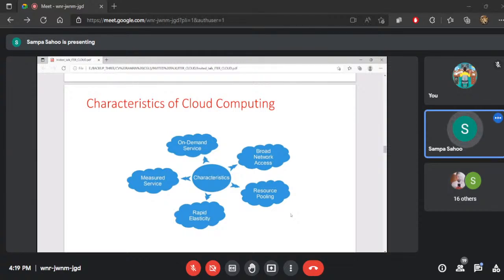So it will take time as well as cost and effort. That is now reduced with the help of cloud. Depending on your requirement, you can either increase or decrease the number of resources. So that is what rapid elasticity is.